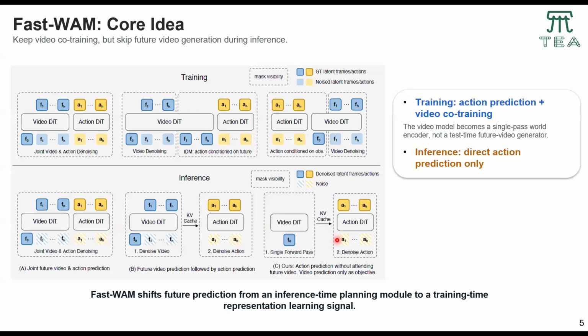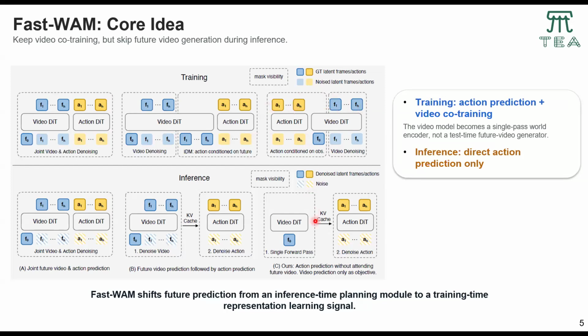To verify these two hypotheses, the core idea of this paper is to keep the video co-training during training, but skip the future video generation during inference. This is illustrated in column C, a very simple but effective solution. During training, the model still learns to predict the future observation and the action together.